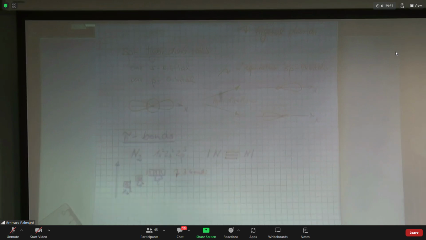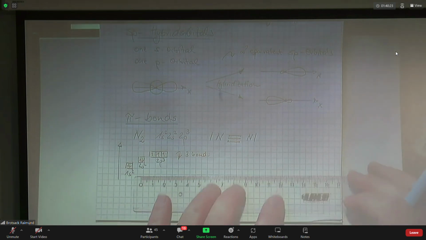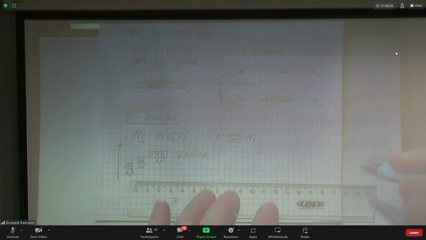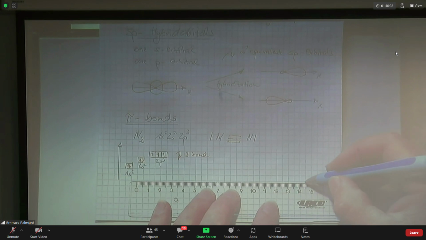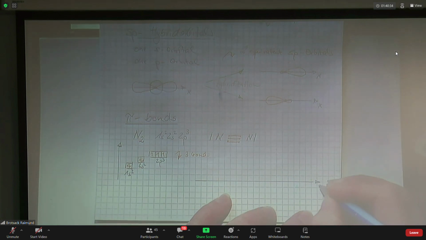But now, how does it look when we try to draw these bond structures, knowing now these different sp, sp2, or sp3 hybrid orbitals, which are always built when we talk about molecules? We are not talking about atoms now, we talk about a molecule, N2. And when we try to draw this, it needs a little competence in geometric structures. So we have the x-axis, which is our main axis.